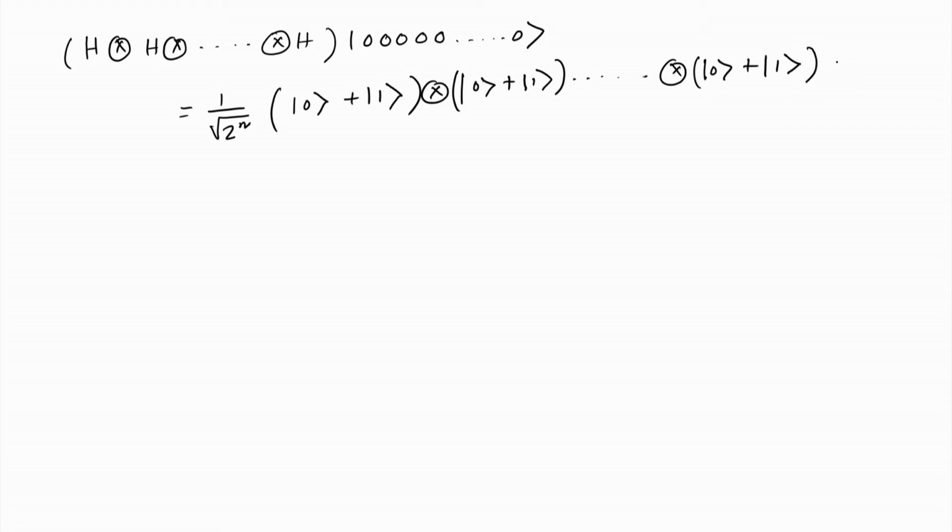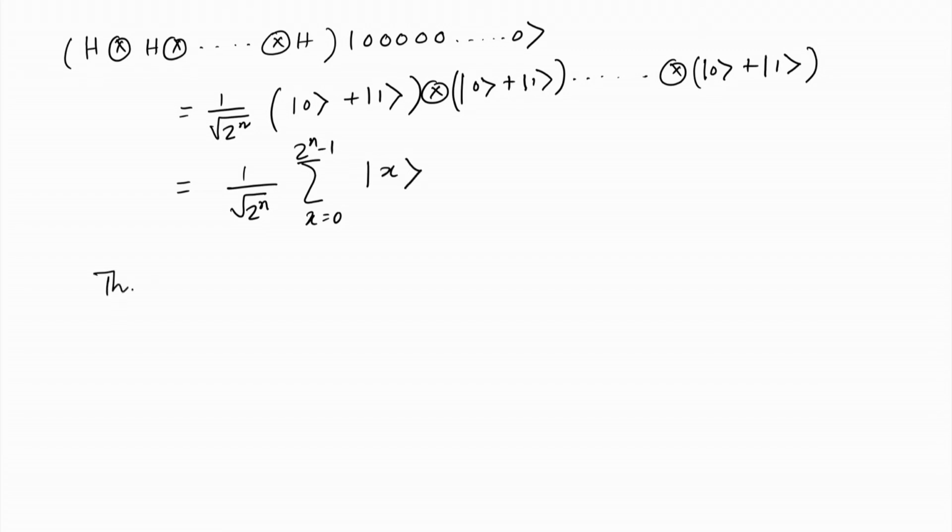Okay. So, this is successively applying this, and this is called the sum over x equal to 0 to 2 to the power n minus 1 of x.